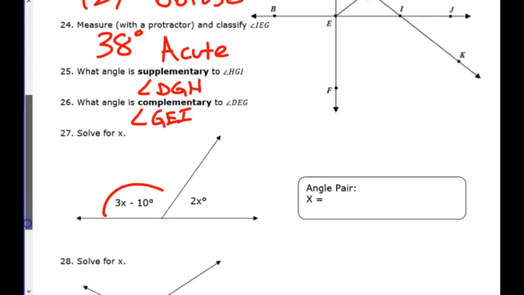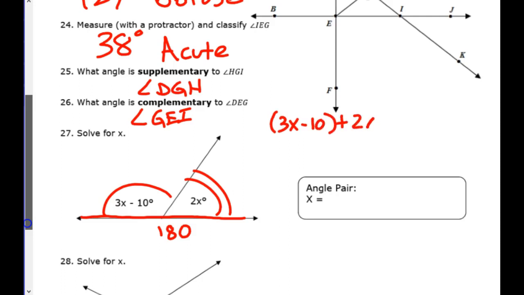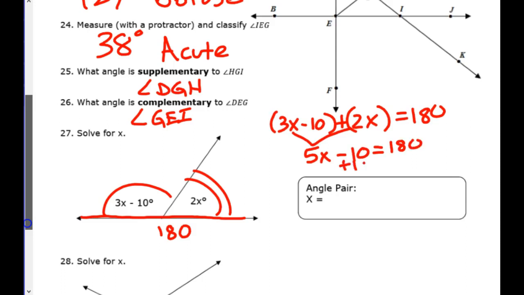Alright, now solving for x, we got these two, and it makes a straight line of 180. So we've done this before. Part plus part equals whole. So 3x minus 10 plus 2x equals 180. Combine like terms, it gives me 5x. Bring down minus 10 equals 180. Get rid of the loner, plus 10.